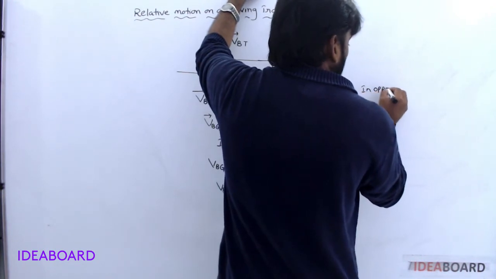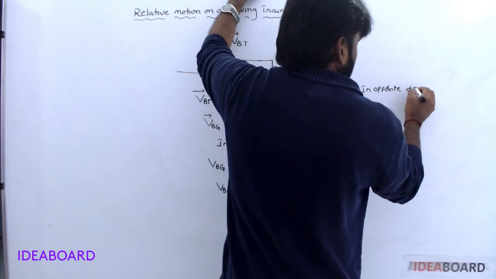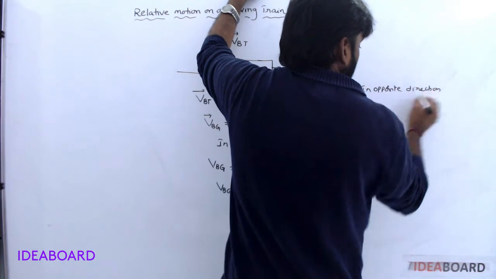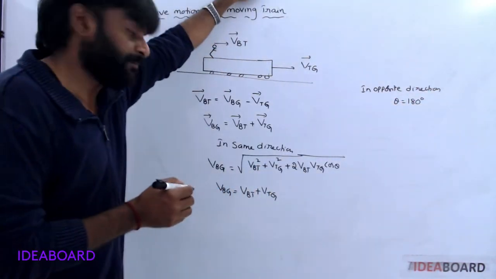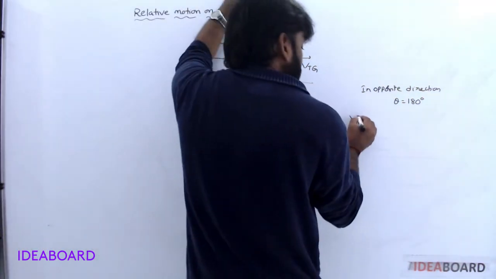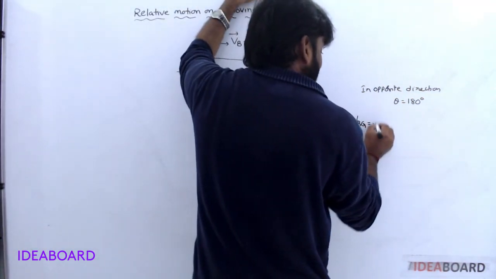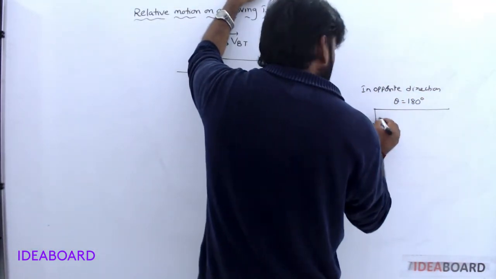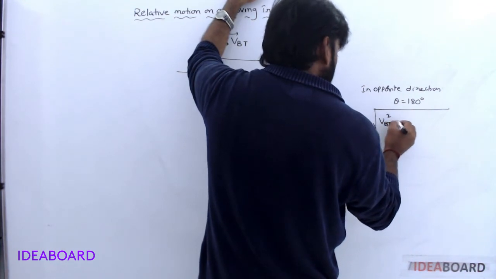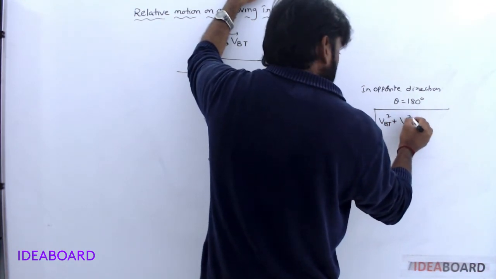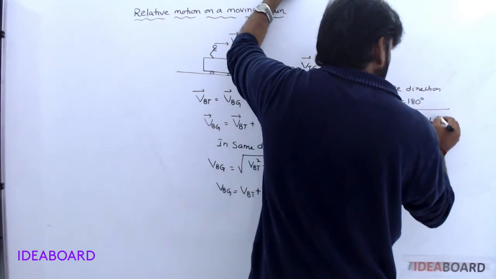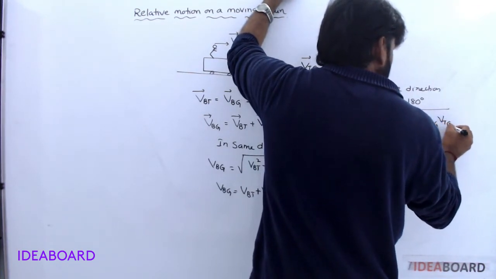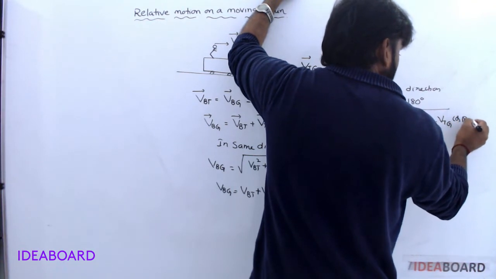In opposite direction means what about theta? Theta is equal to 180 degrees. Theta equal to 180 degrees means boy with respect to ground is equal to square root of boy with respect to train square plus train with respect to ground square plus 2 boy with respect to train into train with respect to ground cos 180 degrees.